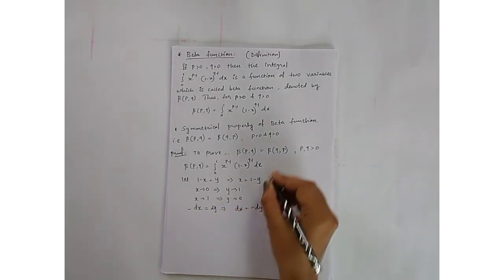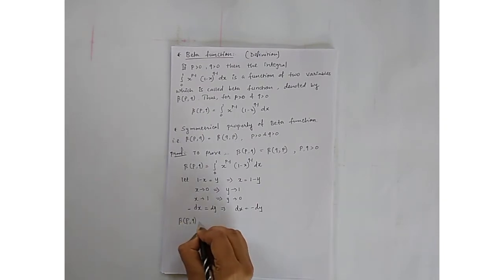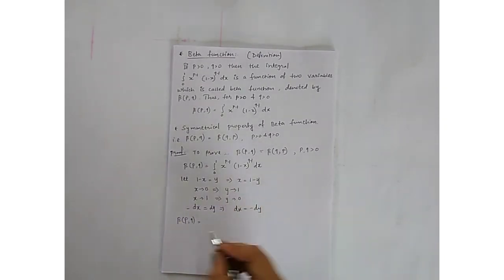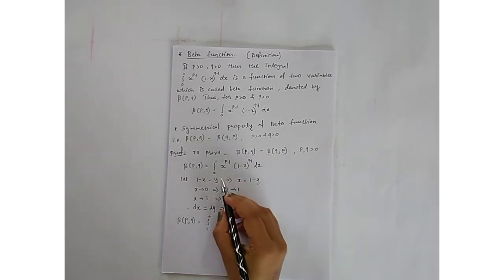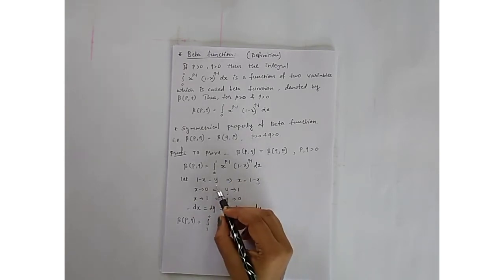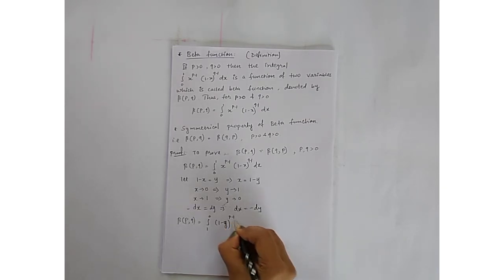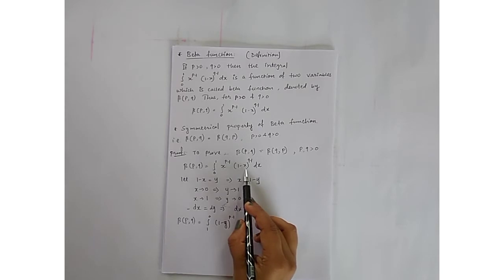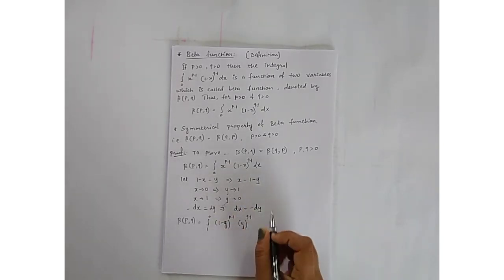Now put all these values in this equation. Beta p q is equal to, with the limits changed, 1 to 0. Instead of x, we write 1 minus y to the power p minus 1, and instead of 1 minus x, we write y to the power q minus 1, with dx equal to minus dy.